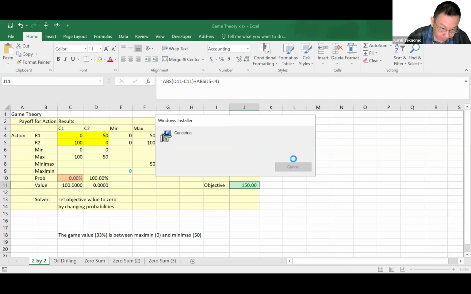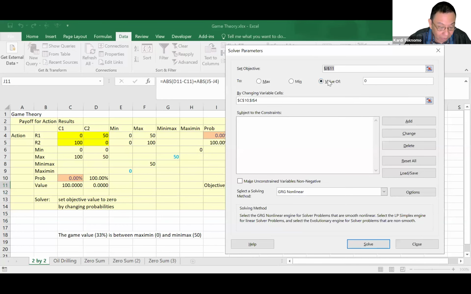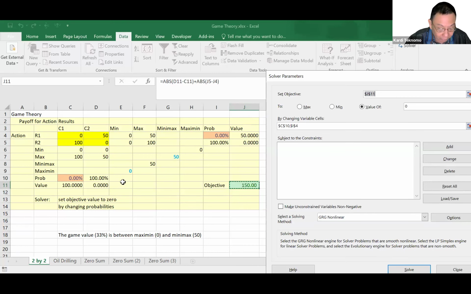Once you get the solver installed, you can go to the Data tab to see the solver there and set up. So here you can see the solver in the Data tab. And I already set up. Here the objective is J11, right?